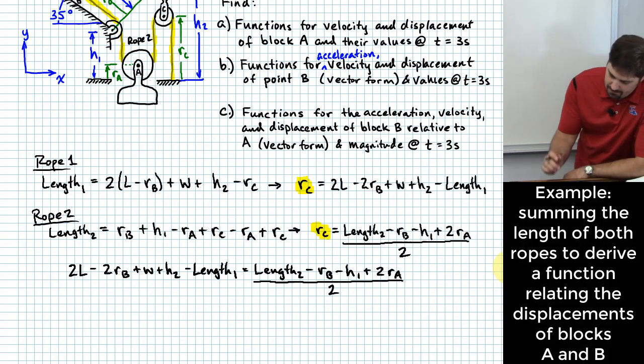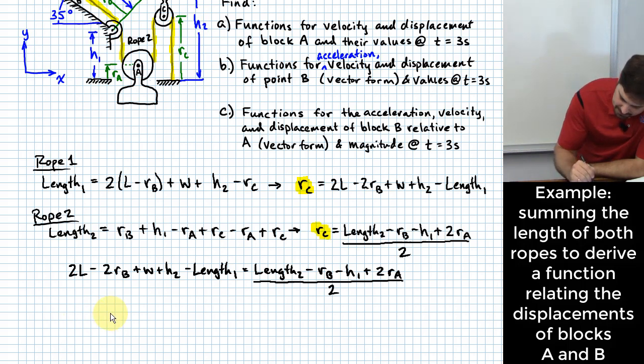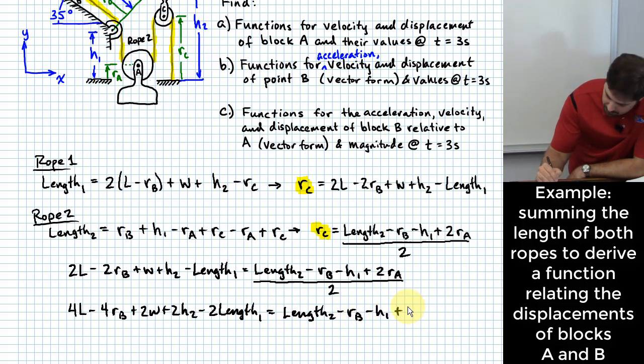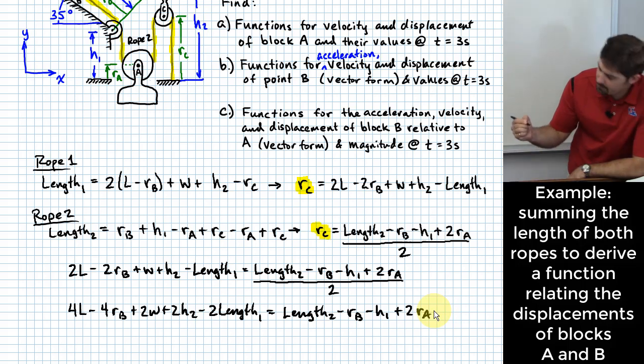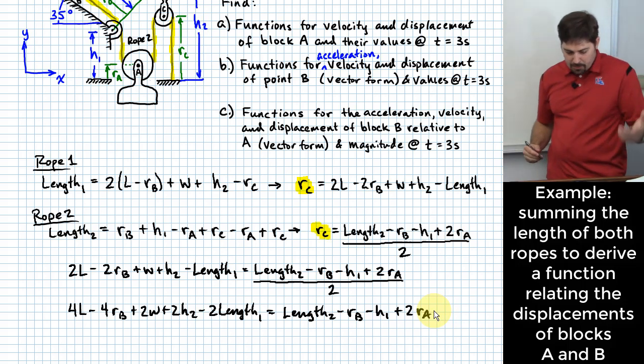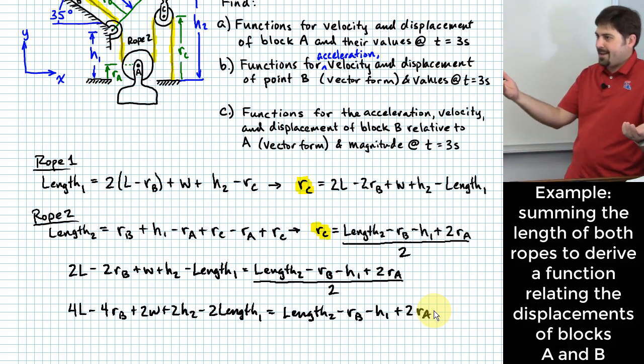All right, so that means I can go over here and say this ends up being 4L minus 4R sub B plus 2W plus 2H2 minus 2 length 1 is equal to length 2 minus R sub B minus H1 plus 2R sub A. And ultimately what I'm trying to do is express RB in terms of RA, right?